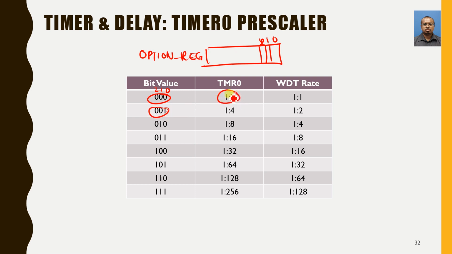If you set the timer ratio to 1 to 2, meaning you divide the frequency by 2, but the time you multiply by 2. For 1 to 4, meaning incoming 1, output is 4, the timer's 1 microsecond you multiply by 4, meaning 4 microseconds.